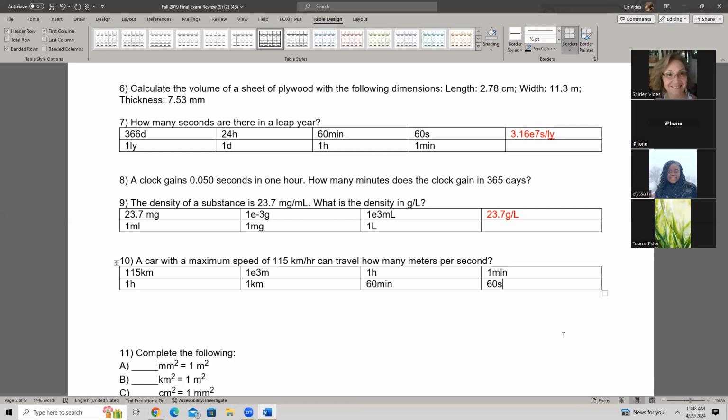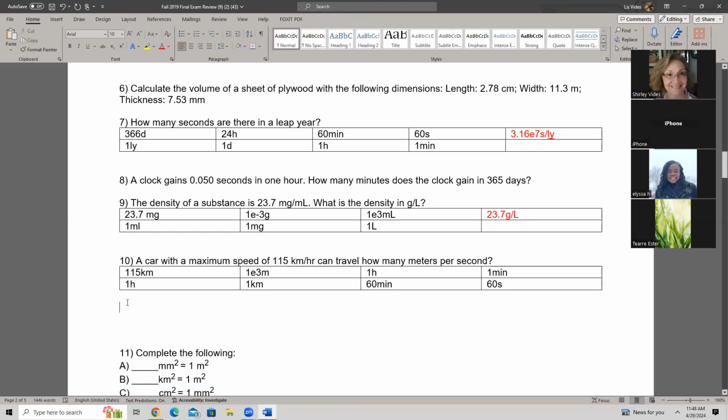And the answer is 3.19 times 10 to the 1. So the answer, I'm just going to put it right here. So 3.19 e to the 1 meters per second, or it depends on how it comes on your question, right? It could be like this, or it could be like this. As long as you know how to convert it, you're good. See? That's the answer for that one.